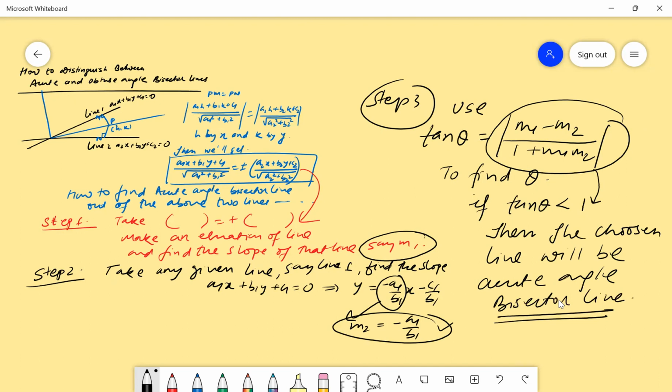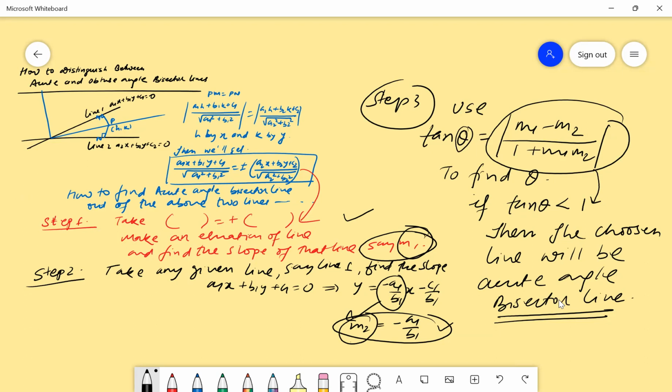Very simple. See, we have chosen one of the bisectors, suppose plus sign or minus sign, and we took its slope as m1. And for one of the lines, say line 1 or line 2, we took the slope as m2. Now, if we are finding theta, tan theta, what does it mean? We are trying to find the angle between one of the bisectors and one of the lines.